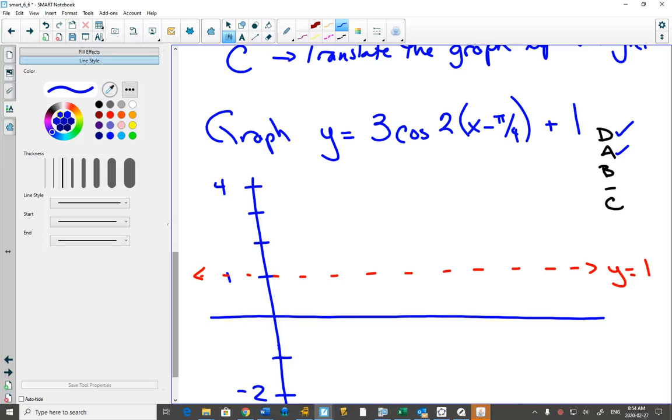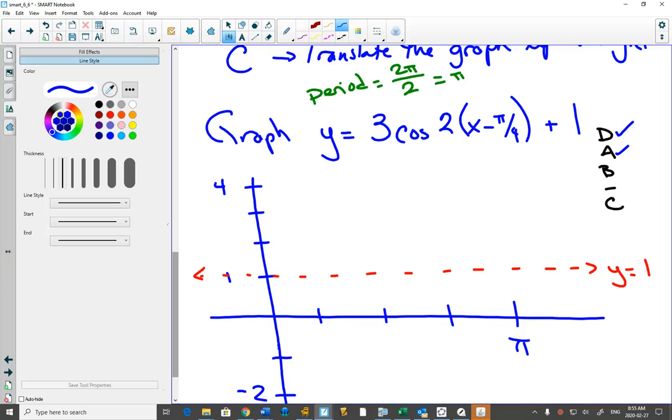Next, we find our period. Our period is 2 pi divided by our b value. So maybe I'll do it up here, period equals 2 pi divided by our b value, so it's going to be pi. Just pick some random part on your x-axis and label it as pi, and then divide it into 4 equal sections.